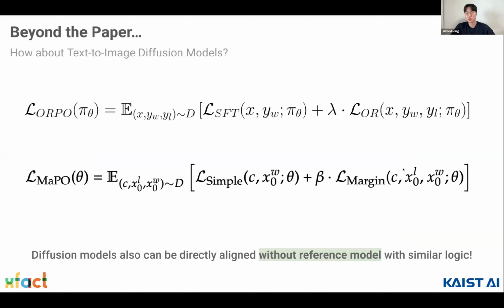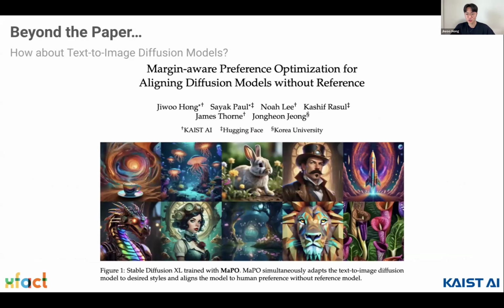And this L margin does a similar thing to the OR loss without the reference model, but weighted with the beta value. So diffusion models can also be directly aligned without a reference model with similar logic. If you're interested in images and different modalities, you can check out this paper.